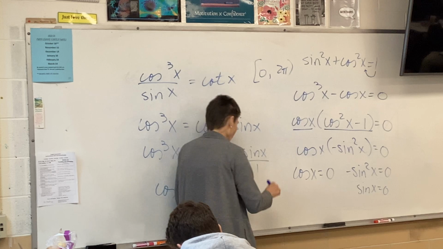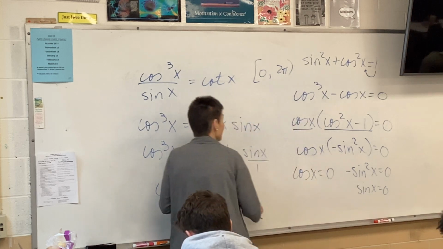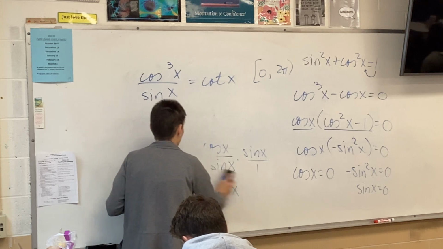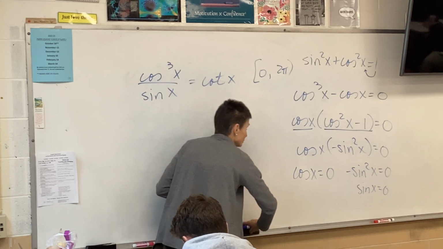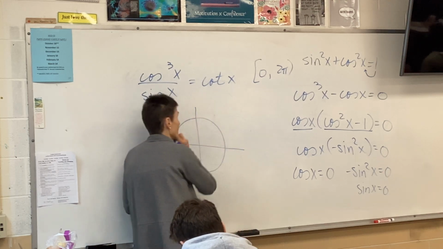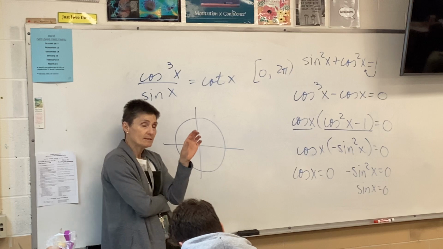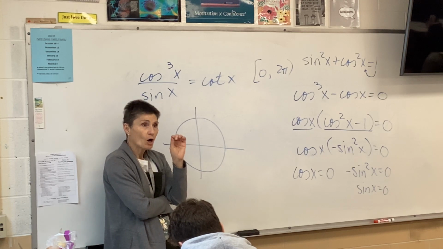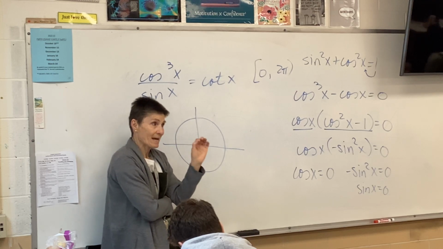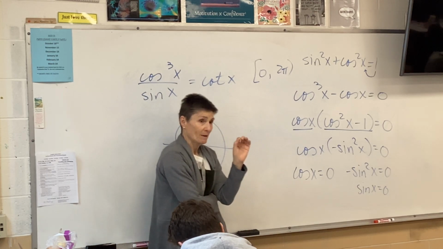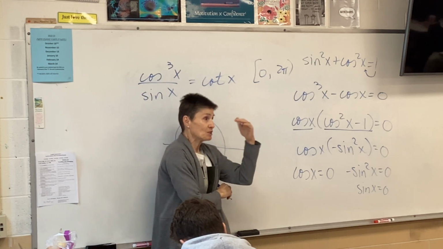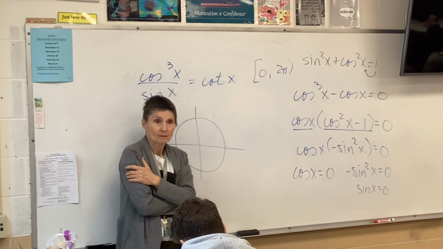Okay, so now I've got to figure out where the cosine is 0. So I'm going to look at my unit circle, because again, kids, if the cosine is 0, there's no triangle that will make that work, because you can't have a triangle with the adjacent side being 0, right?